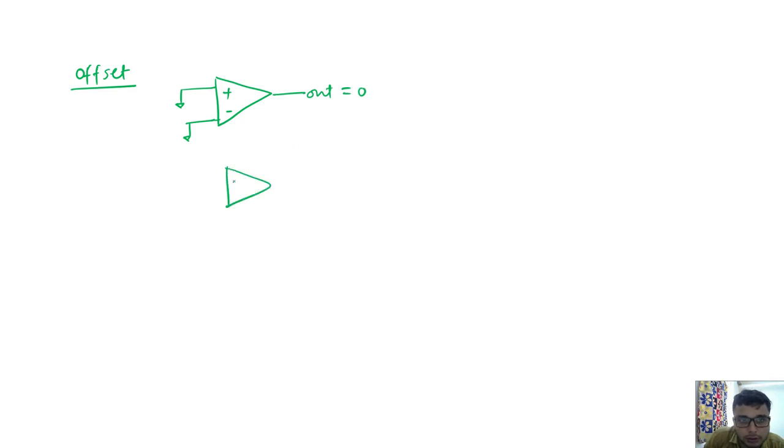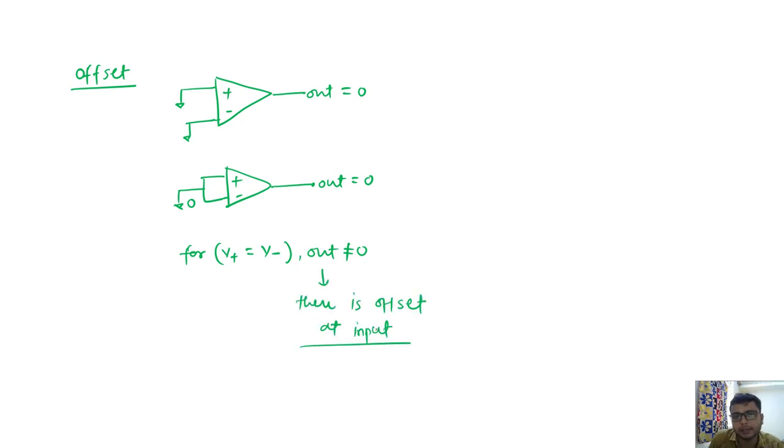So even at the same voltage at the input, if the output is not equal to 0 for V plus equal to V minus, meaning both the terminals are equal, then I can say there is an offset in the design. But how can we measure it? By referring it to the input.